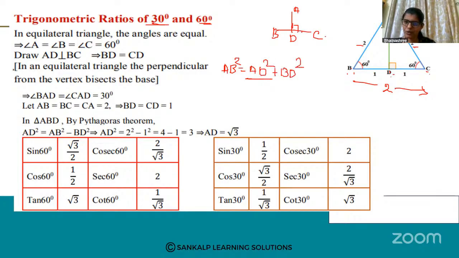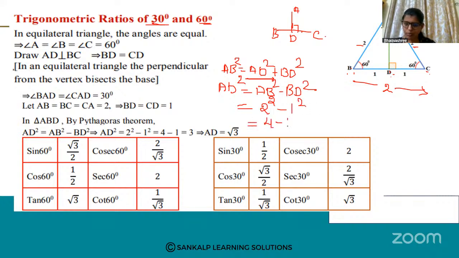What we want is AD square. So AD square is equal to AB square minus BD square. AB value is 2 and BD value is 1. So 2 square is 4 minus 1, that's equal to 3. So AD square is equal to 3. So what is the value of AD? AD value is root 3.